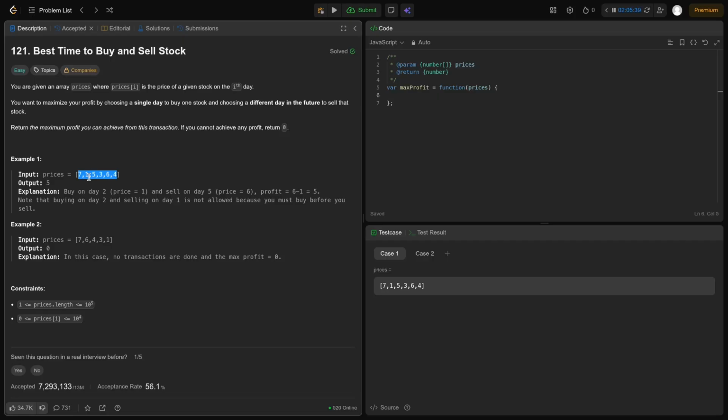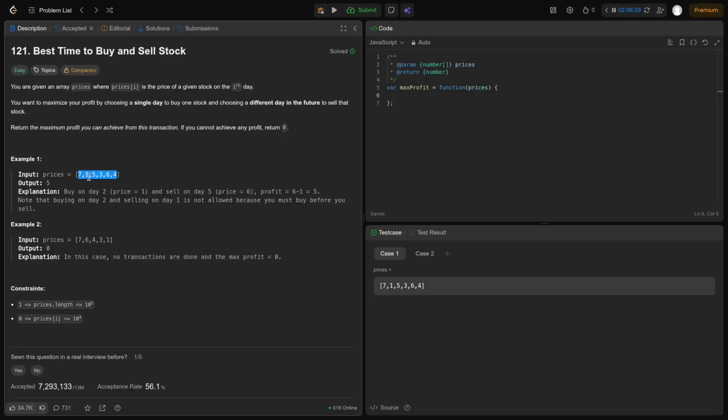But in that case, the time complexity will be O of n square. So today we're not going to do that solution, because if you write that solution on LeetCode, it will give you a time limit exceeded error.